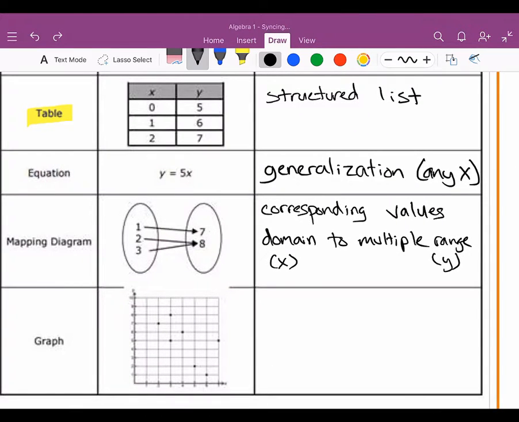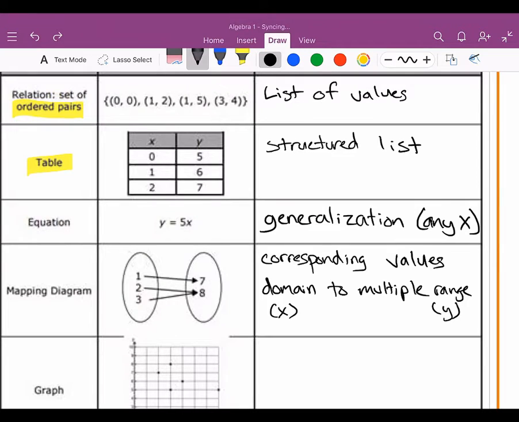Now on a table, it kind of looks like a table, but here you wouldn't list multiple y's. You see how 8 is only listed once. So when mapping, you only see one value one time on the right, but multiple values can be mapped to it. On a table, you'll see 8 repeated, or you'll see multiple numbers on the right, different y's.